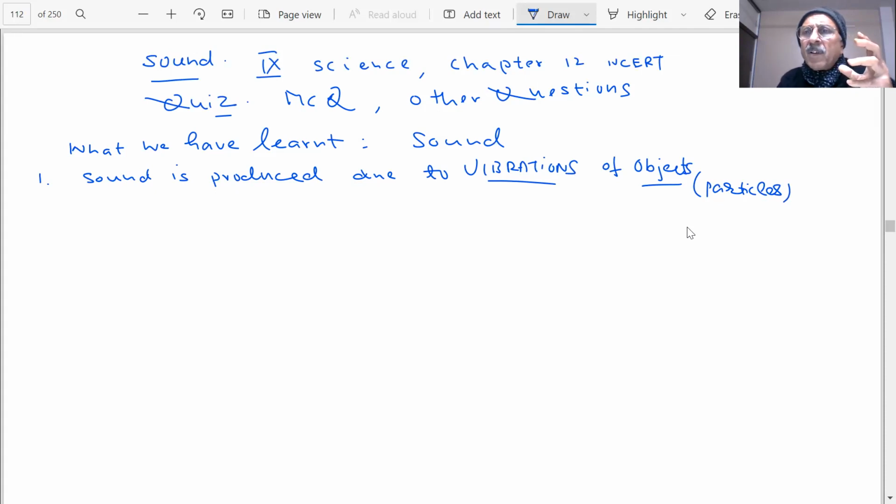Any object which vibrates will produce a sound. If I hit a table, or in school they hit the bell with a hammer, the particles of the bell start vibrating and sound is produced.